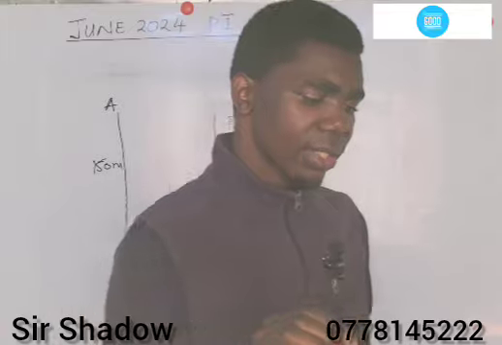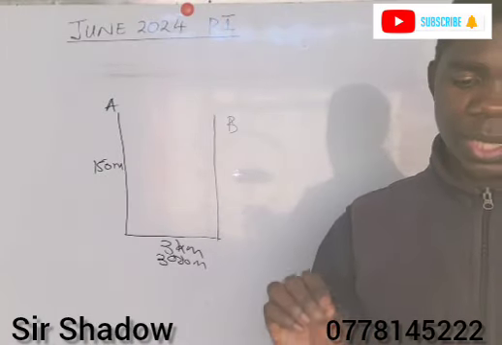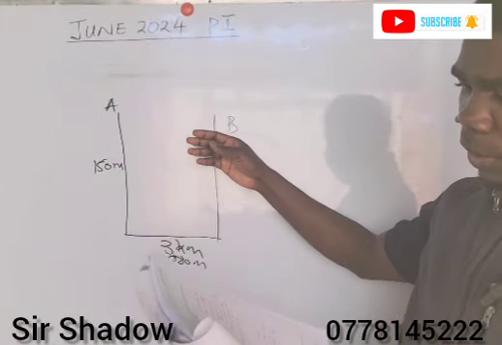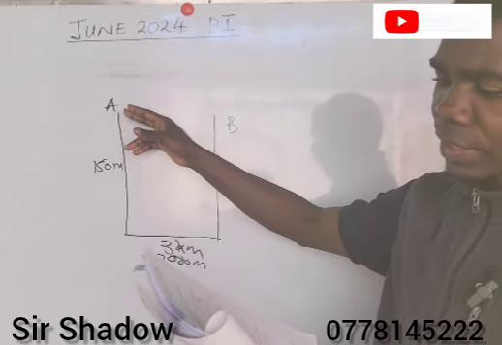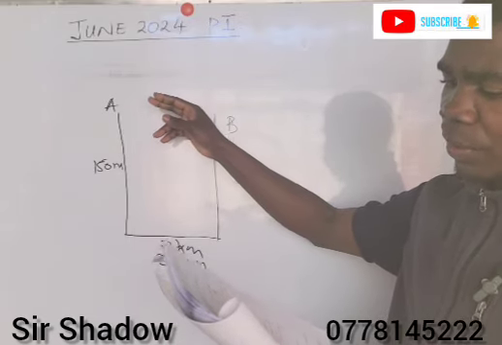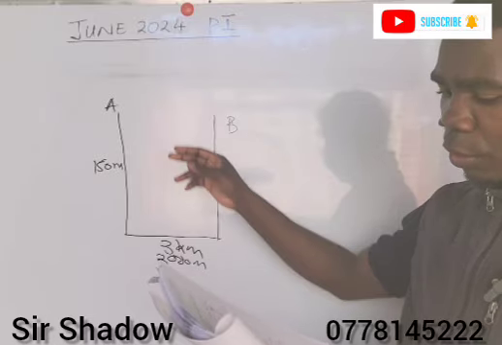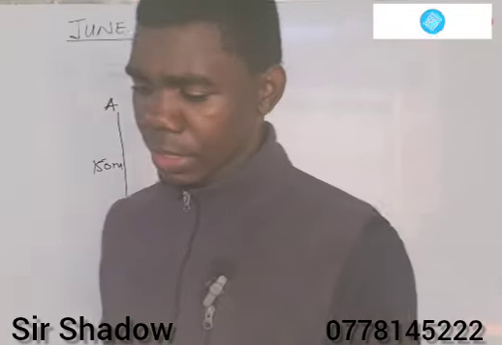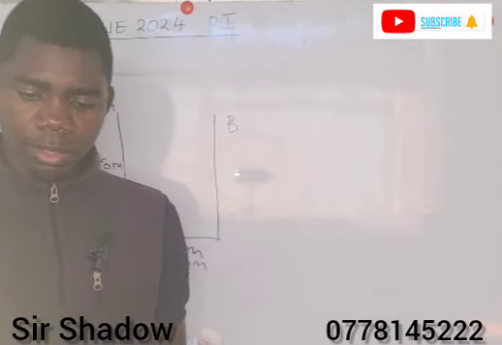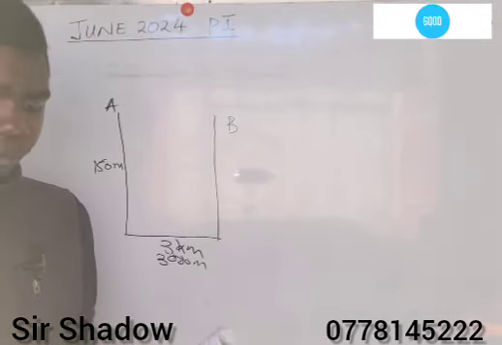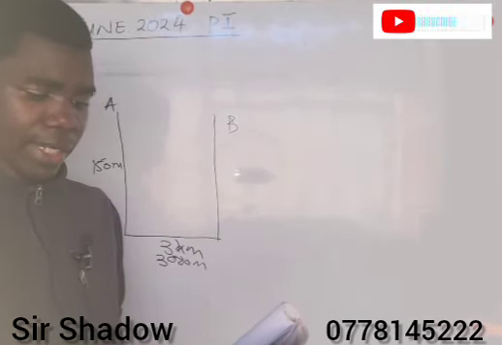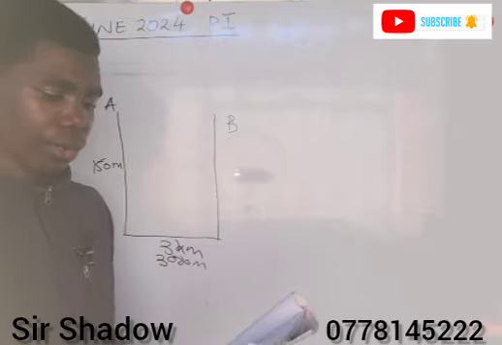Then the person on top of hill A sees the peak of hill B at an angle of elevation of 15 degrees. Use as much information given below.